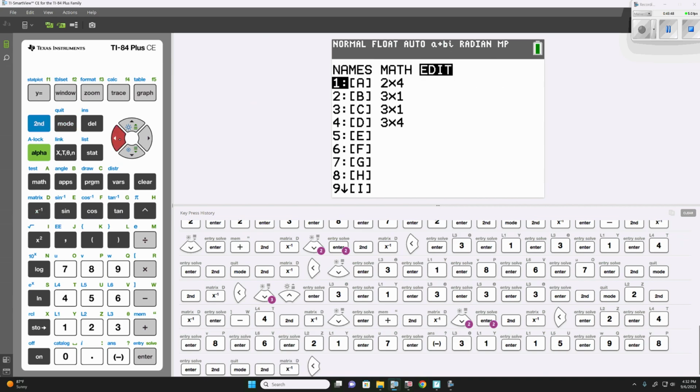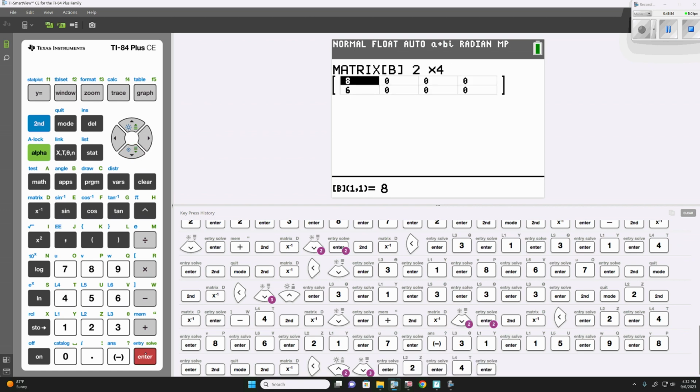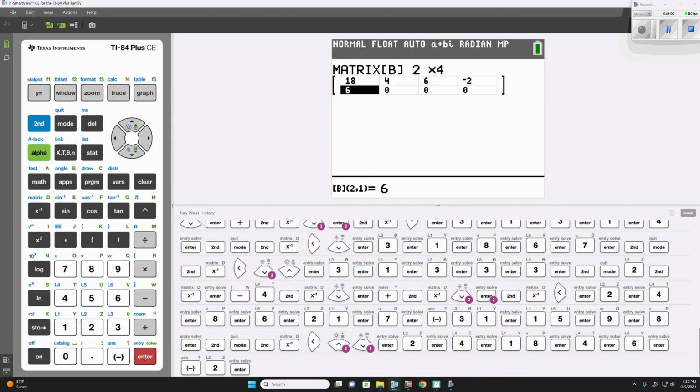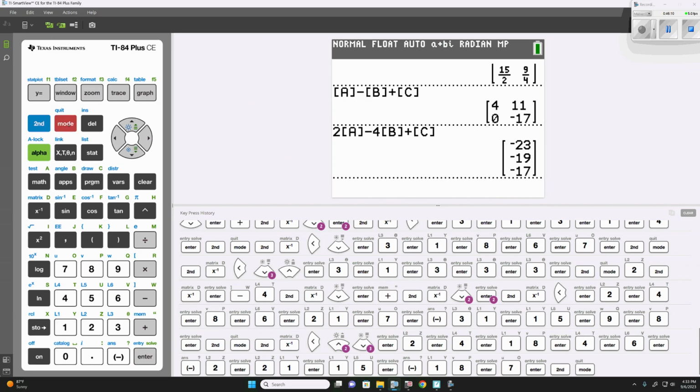Second matrix over to edit. Edit matrix B and say it's a 2 by 4 as well. If it wasn't, we would not be able to add or subtract these two from each other. And we get this here, second quit.